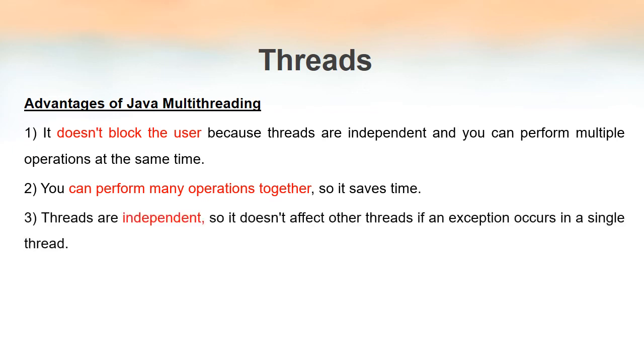And finally, threads are independent. If an exception occurs inside one thread, that is not going to affect the other threads. Suppose we have 3 threads and in one thread an exception occurred, we have to bother about only that thread. The other 2 threads will work on their own. There is no need to worry about them. I hope it is clear.